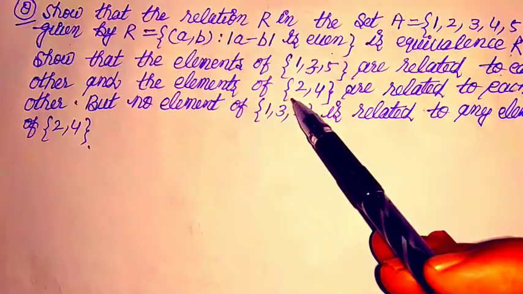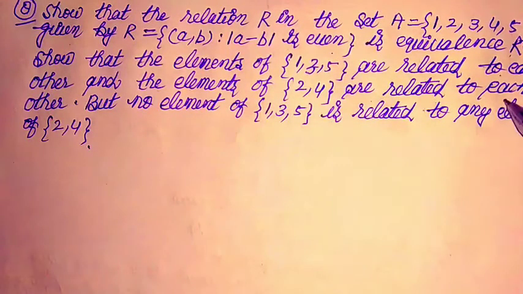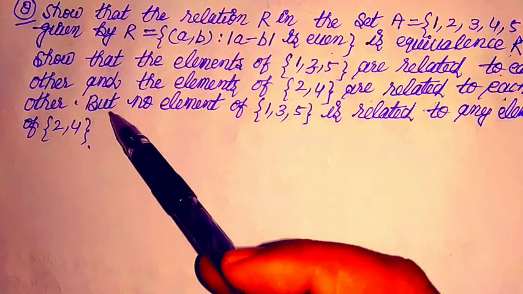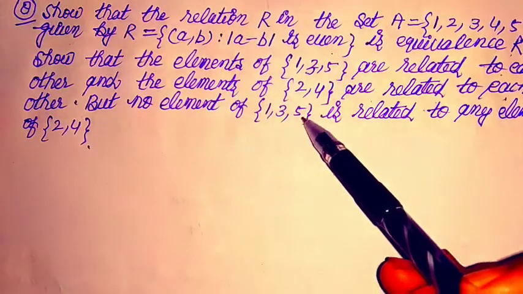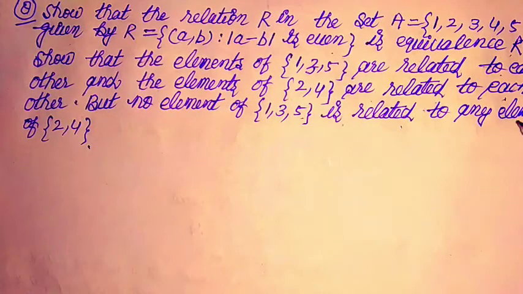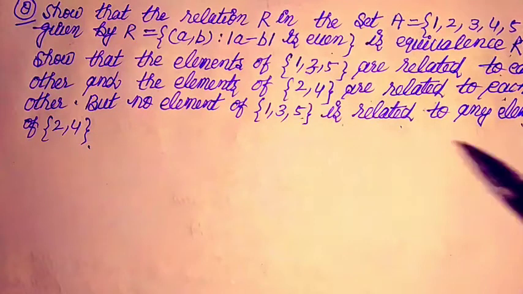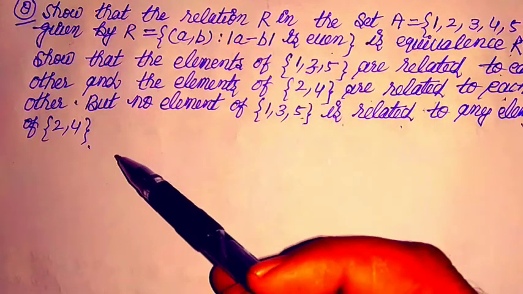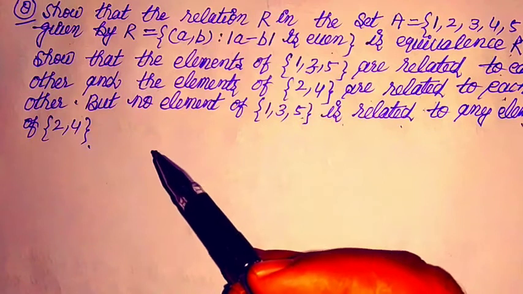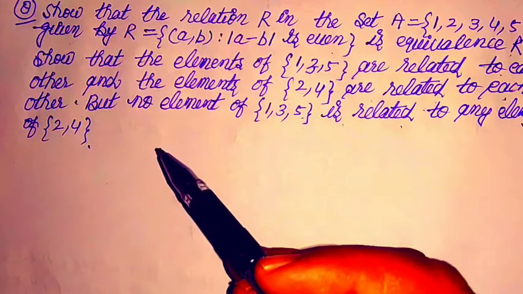And the elements {2, 4} are related to each other. And last, no element of {1, 3, 5} is related to any element of {2, 4}. So first what will we do here?